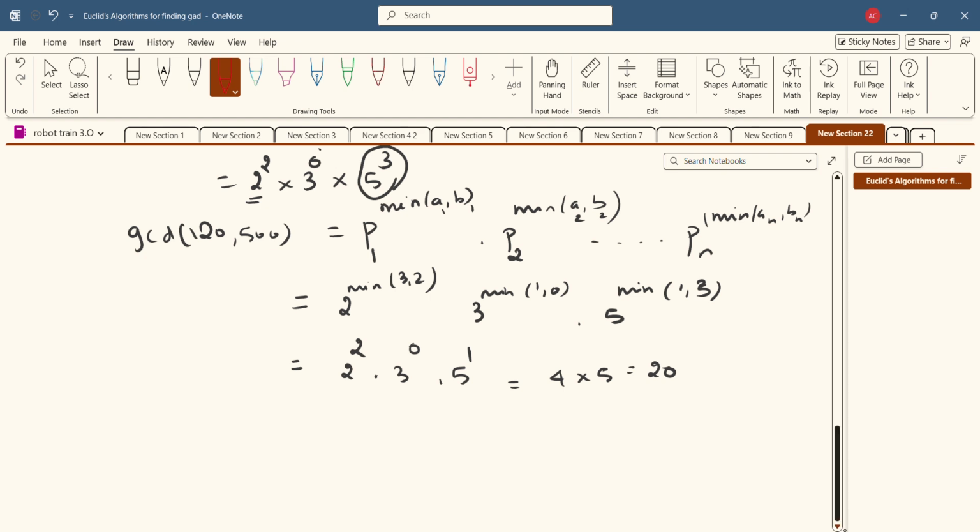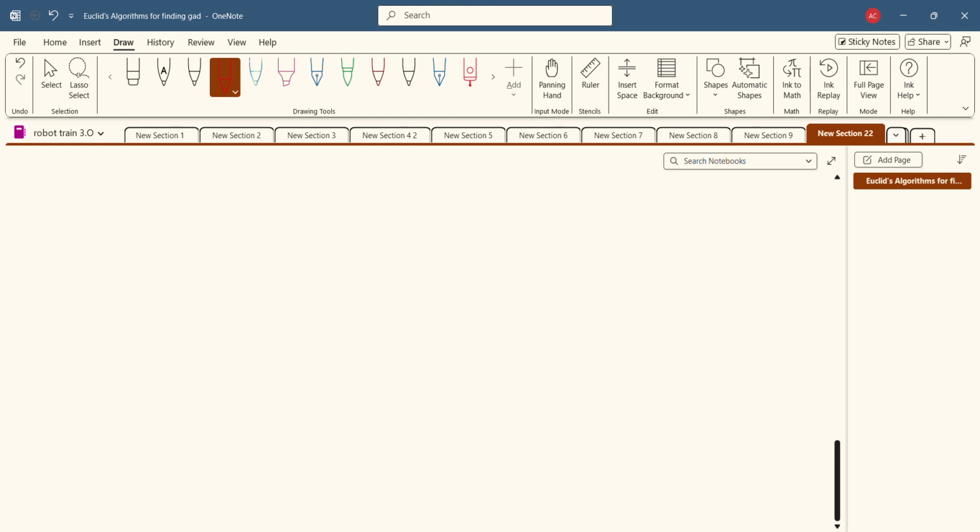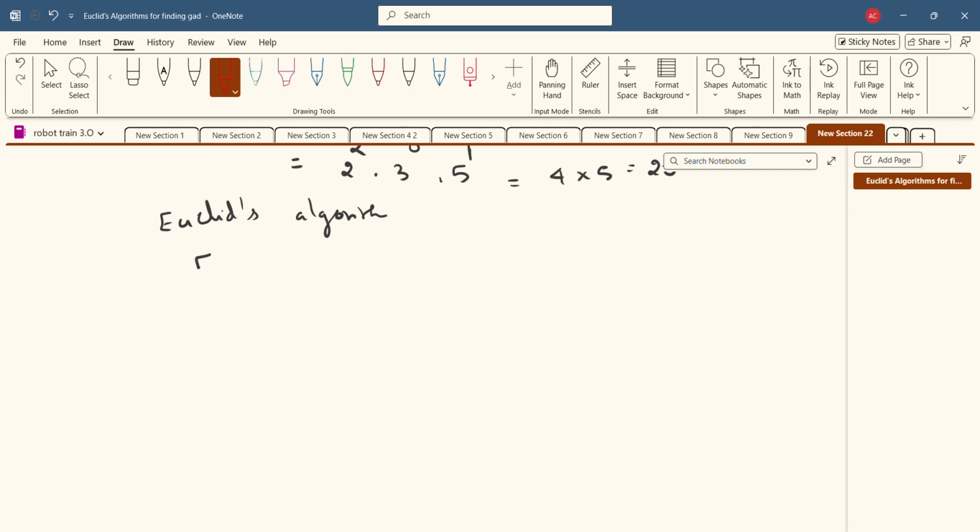The same problem, I can solve using Euclid's algorithm also. Already we know that in Euclid's algorithm, first we have to check which of the two positive numbers is larger. Here 500 is more than 120.